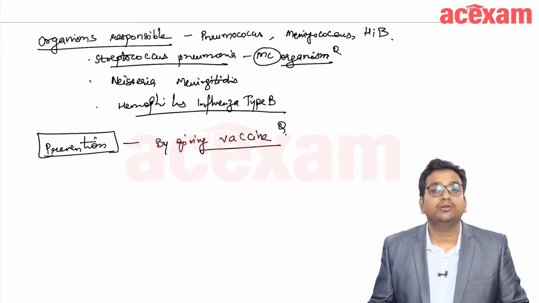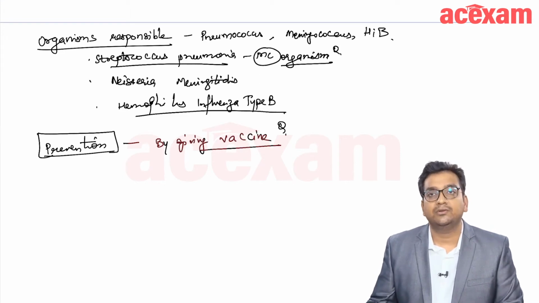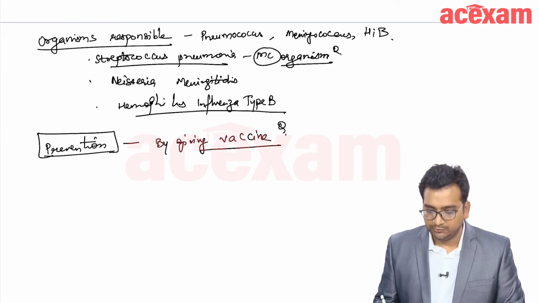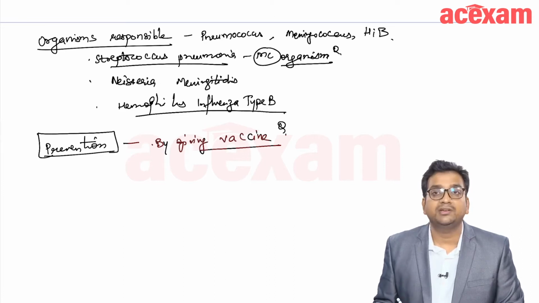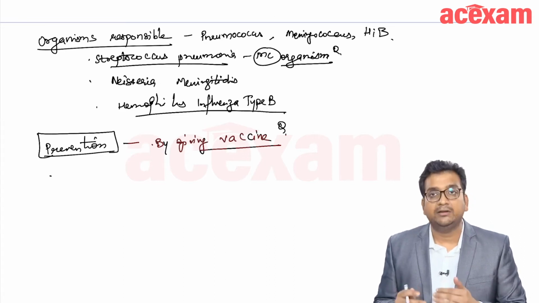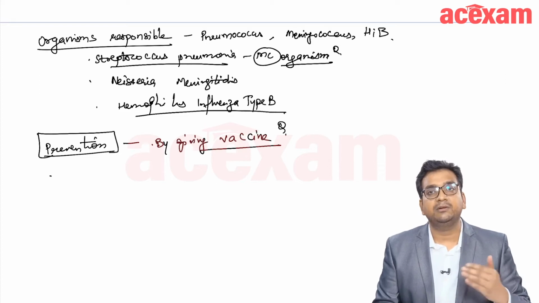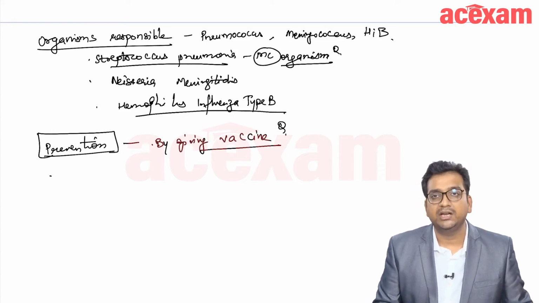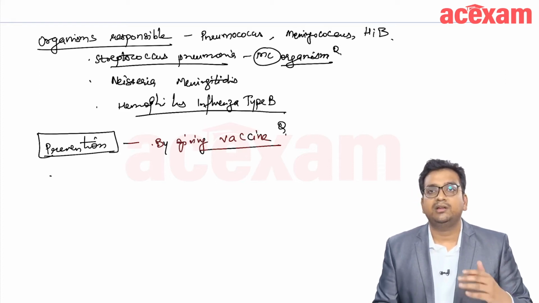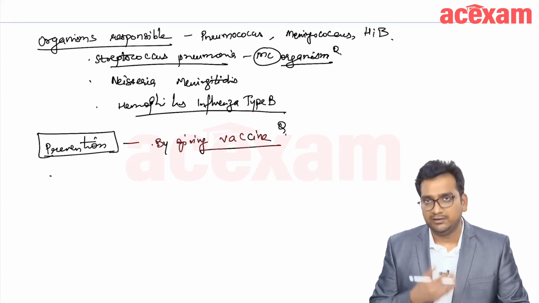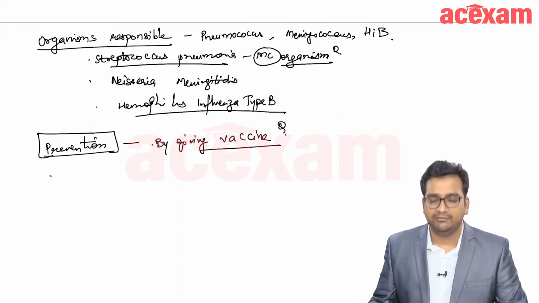We have vaccines for pneumococcus, meningococcus as well as Haemophilus influenzae, so we give these vaccines to the patient. Generally we prefer it before elective splenectomy, 2 to 3 weeks before surgery, and in cases of trauma, immediately after surgery, whenever feasible, even the next day.